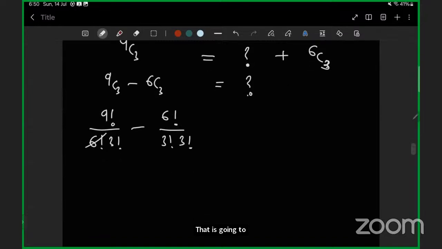If I do this, then I'll have 9 into 8 into 7, and 6 factorial got divided. This is 3 into 2. So 3 into 4 into 7, that is 84.